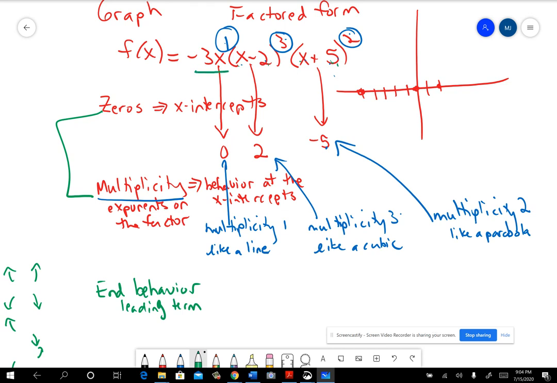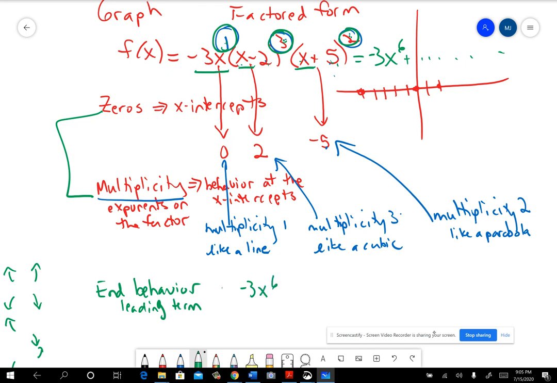So when you have negative 3x to the first, then x to the third, and then x to the second, if you were to multiply it all out, you'd have negative 3x to the 1, 2, 3, 4, 5, 6, to the 6th power. And then you'd have plus a bunch of other stuff that we don't care about right now. So the leading term is what matters, and the leading term on this turns out to be negative 3x to the 6th.